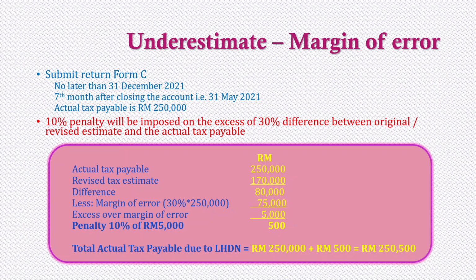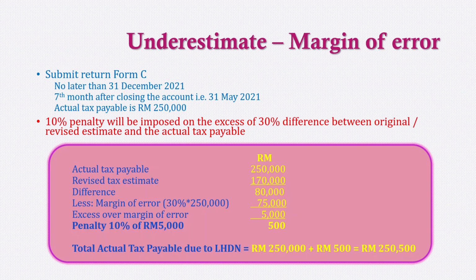It's still quite a lot of money for the company to pay. So this is how you compute your margin of error and your actual tax amount that you need to pay in December.